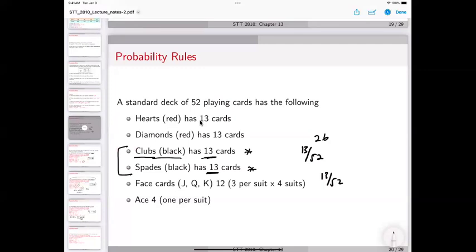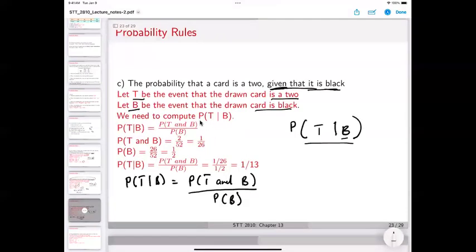So that is why we are focusing on these guys here. For you to draw a 2 and black, you can draw one in clubs. You can also draw one in spades. That is going to be what? 2. And then that is going to be 2 out of what? 52. Which gives you 1 over 26.